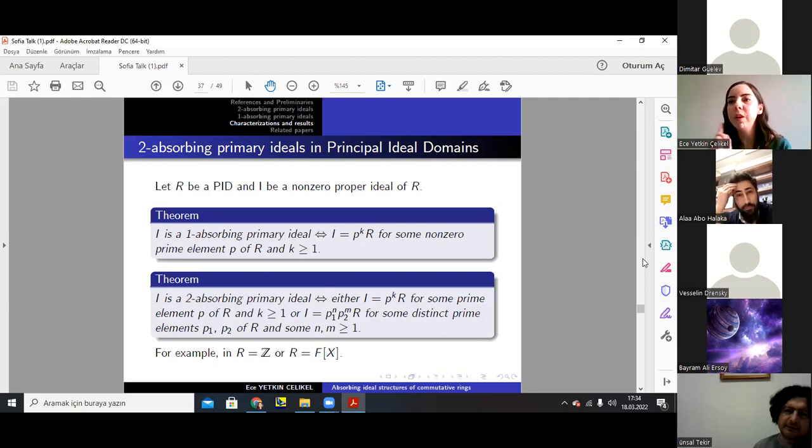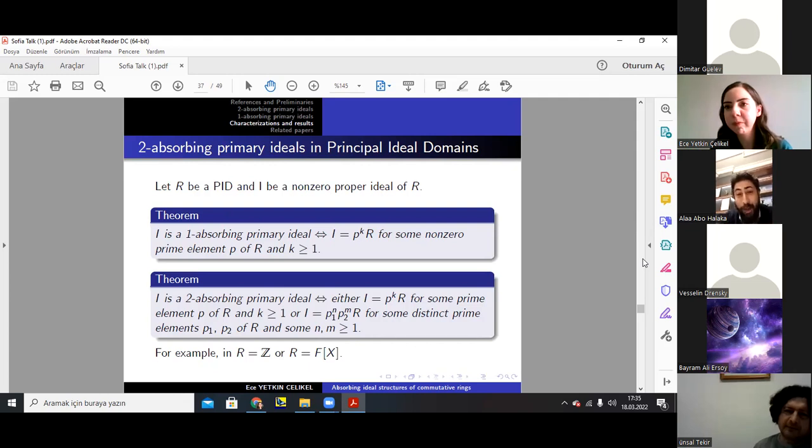These behaviors are all studied in these papers, for example, homomorphic images, localizations, and the other properties of them. Yes, why I ask that, because some characteristic of some kind of ideals cannot be transposed from a ring to another ring.